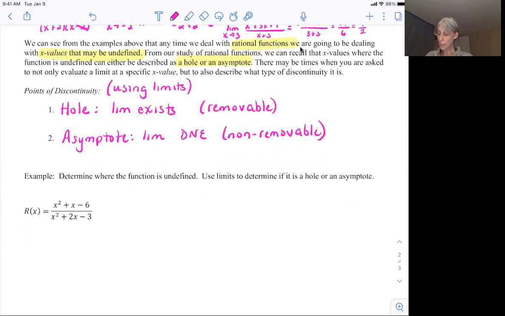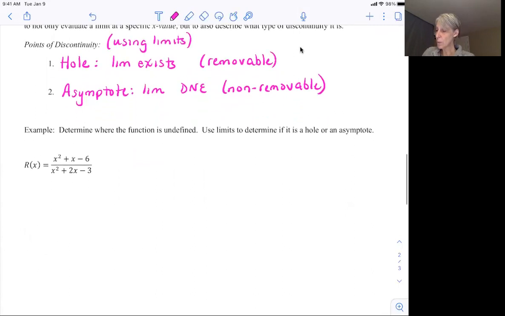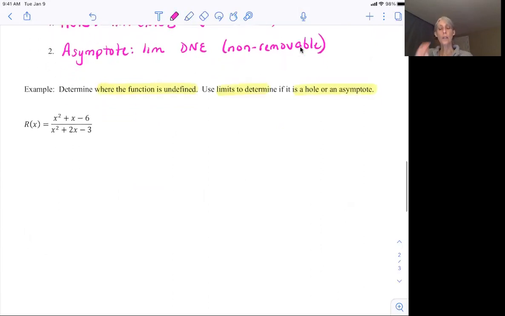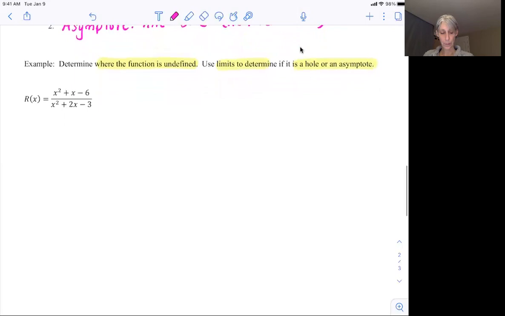So in our next example here, we want to first determine where the function is undefined, and then use limits to determine if it's a hole or an asymptote. Now, I know you can do this from what you remember from rational functions, but because we're studying it with calculus, we want to be able to do it using limits to support our answer.